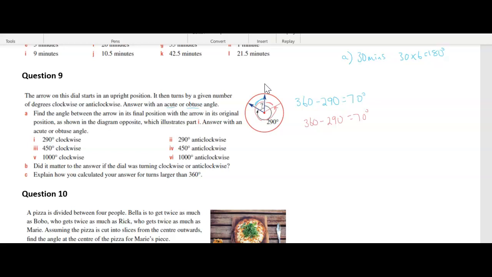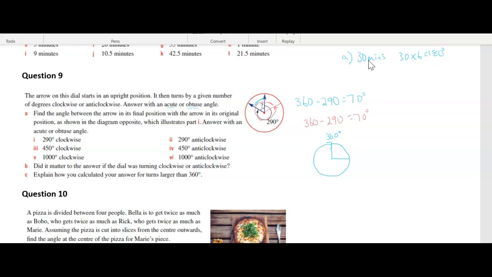Now for 450 and 1000, you're actually going around the circle at least once. So for 450, going clockwise, you've gone around the circle already, 360 degrees, and then you're going an extra 90 degrees. So we're back at here, and then there's 90 degrees there.